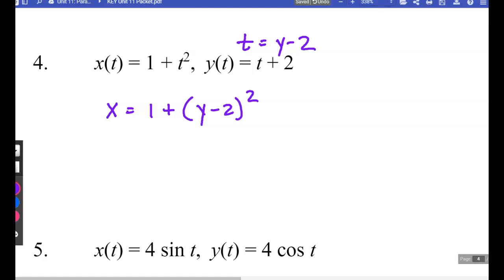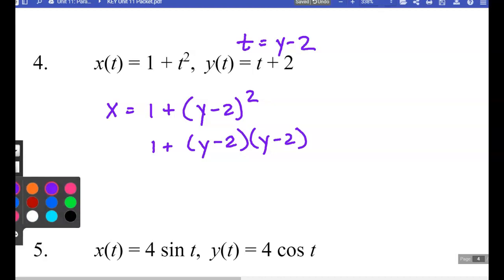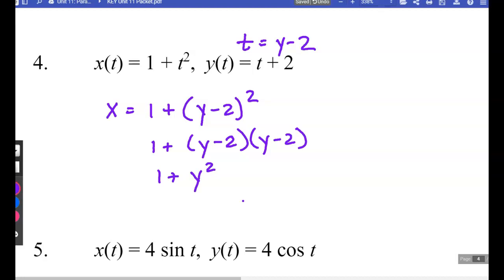And then wherever I see a t in the other equation, I am going to put y minus 2. And we need to recall that anytime we're squaring, we're just multiplying that term by itself. So yes, we are going to have to double distribute here, or FOIL, whatever you want to call it. And we get y squared minus 2y plus 4.